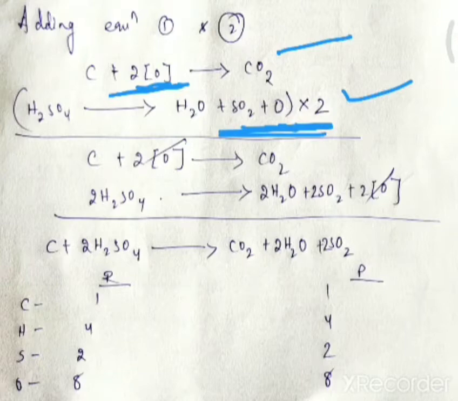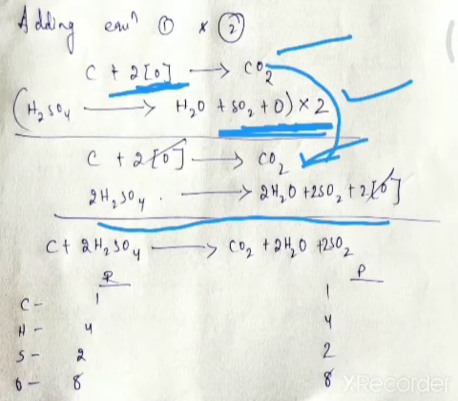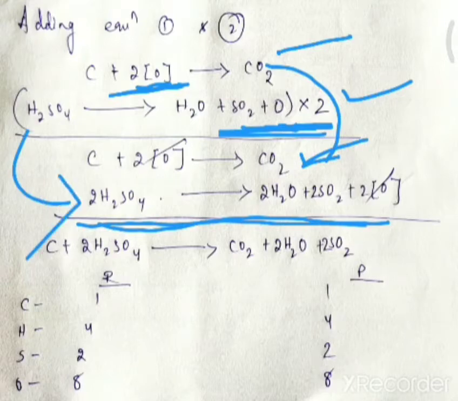Okay, so let's do. Here I have written after multiplying by 2: the first one is the same as it is before. Then the second one after multiplying by 2, we will get 2 sulfuric acid, that is 2H2SO4, 2H2O, 2SO2, 2 nascent oxygen. As the 2 nascent oxygen are the same on both sides, we can cancel them.